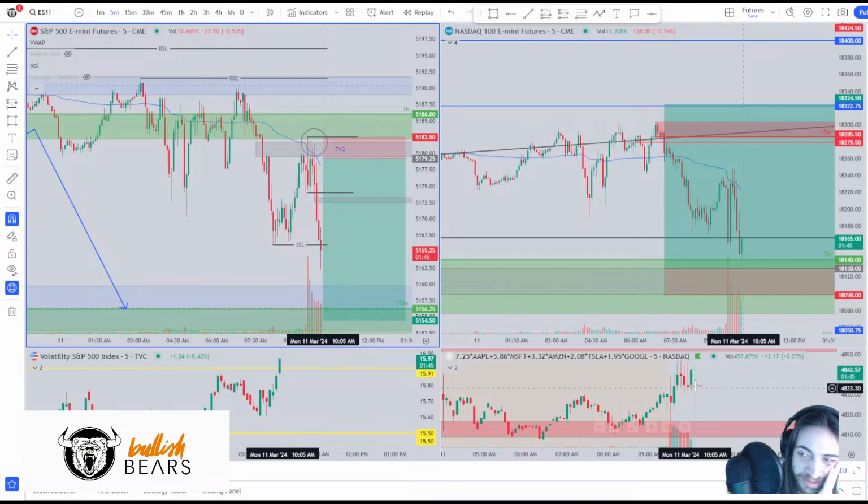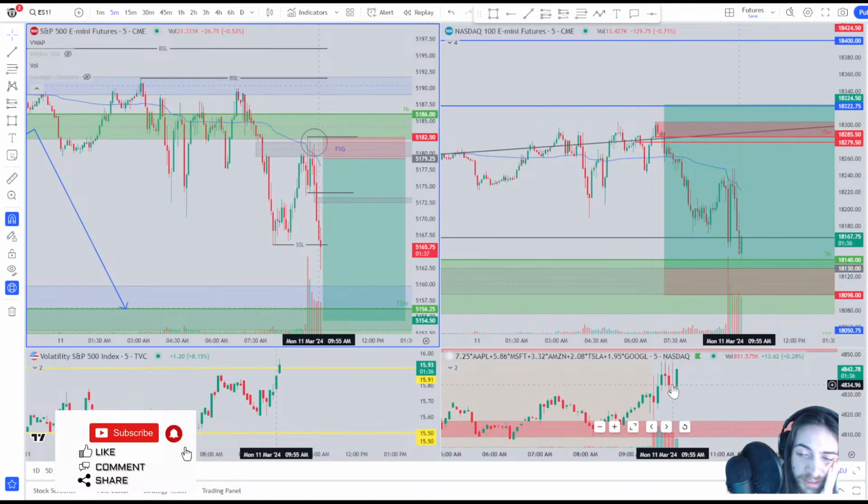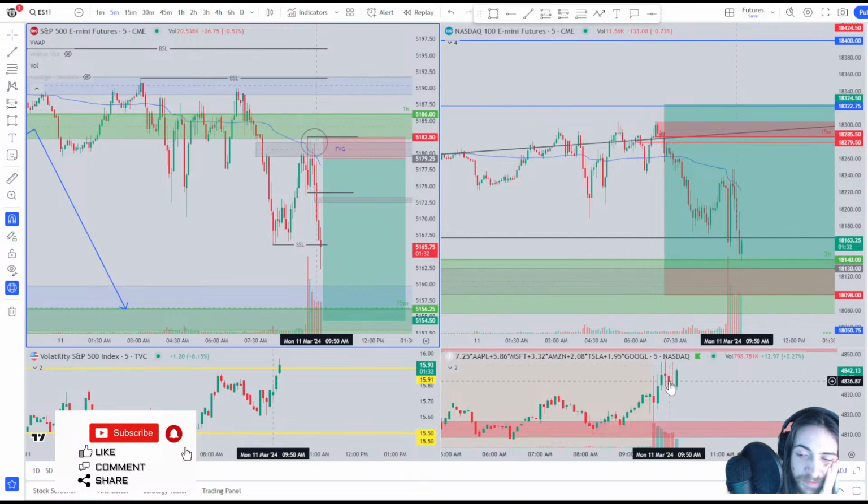Yep, there's that. Nice. That's exactly what I was looking for on the weighted index. We had a hanging man candle, or an inverse hanging man candle, a small little body, think of it as the head, then the long wick. That's the body of a hanging man, I guess.